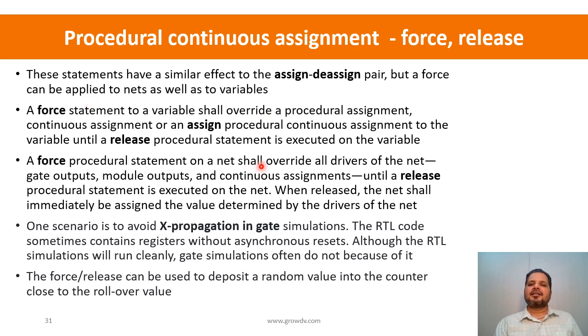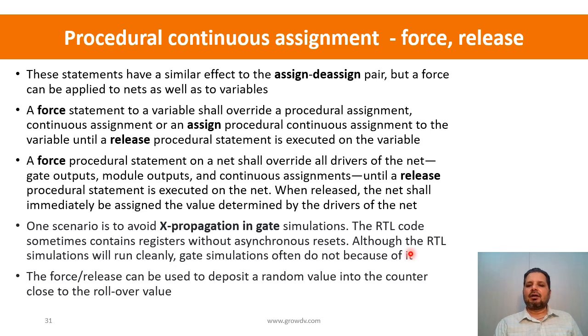Now as far as the use cases of force and release are concerned, often we have X propagation in gate level simulation. You do the RTL, and the RTL gets synthesized to gate forms, and simulations are performed even on those gate netlists to check whether everything is working correctly. In some cases, just to save on some area, some of the flops in the RTL may not have asynchronous resets, because it doesn't matter.